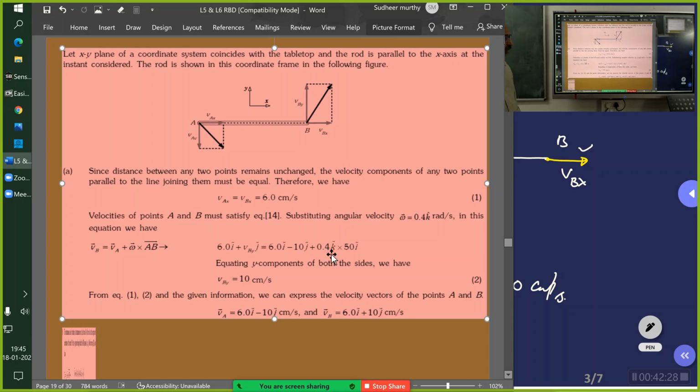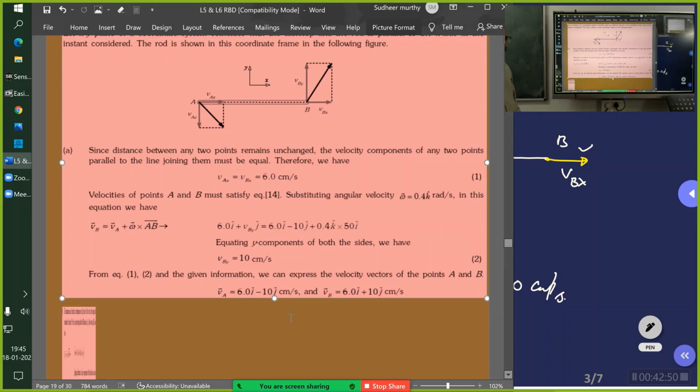Omega bar is 0.4 K bar, and K bar is coming out, into AB bar, is written here. So 50 I. Equating, we get this. And then from one end VA bar is equal to so and so, VB bar is equal to so and so. We get the two. So we got the same thing, right?